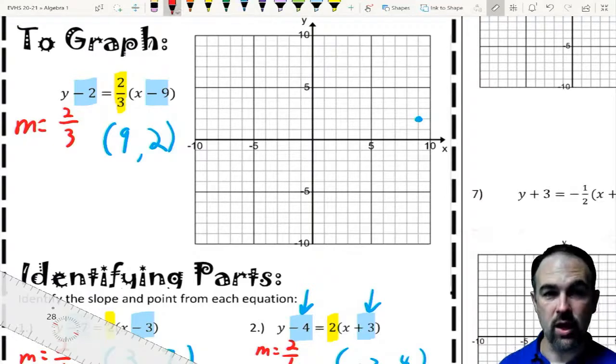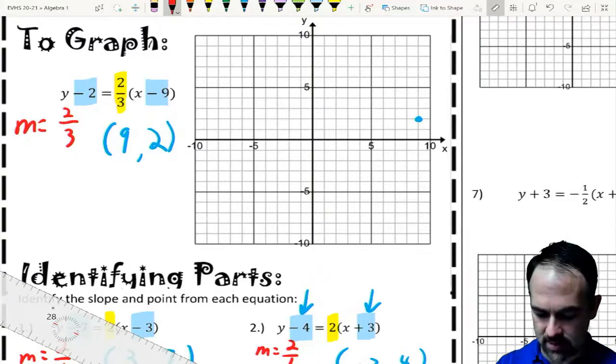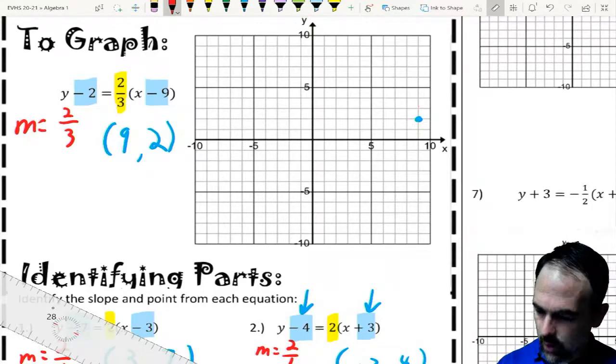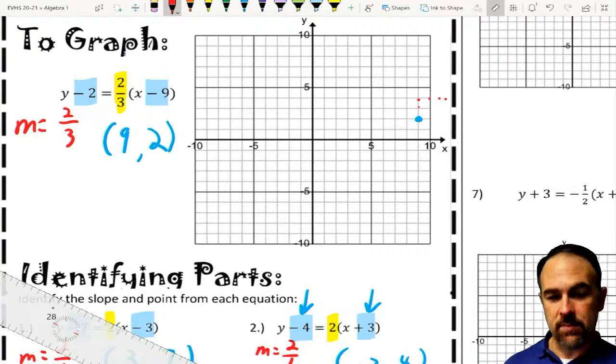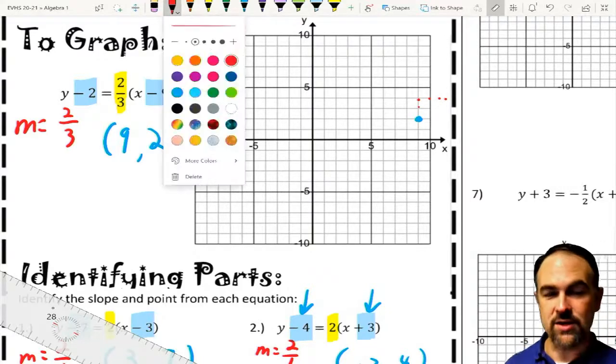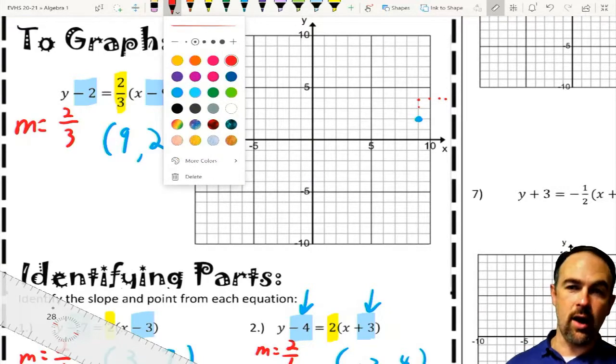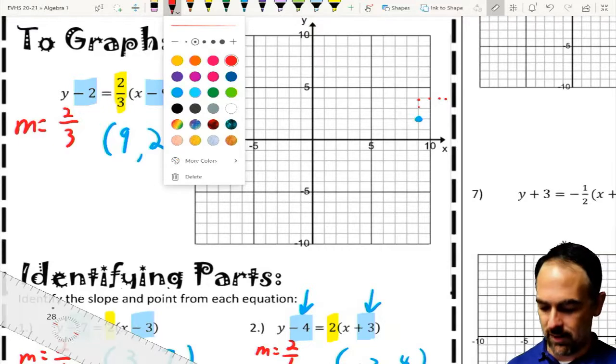Now, we're just going to apply our slope to that point, the same way we did on the other side of the page with the y-intercept. So normally, we're going to rise 2 and then run 1, 2, 3. But the problem with doing that is that it's going to take us off the graph. So we can go the opposite direction just like we practiced on the other side of the sheet.